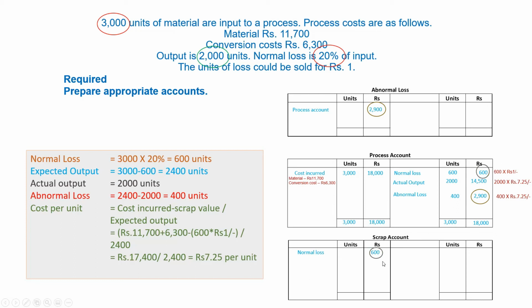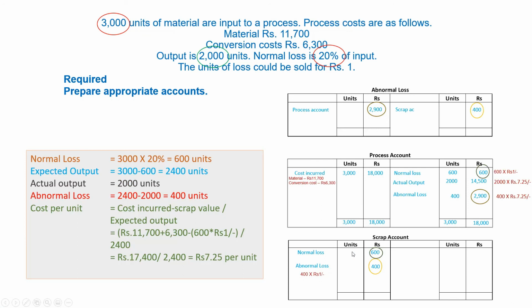Also, this 400 units, of the total loss of 2,900, we can sell at the rate of 1 rupee per unit. So from the abnormal loss account to the scrap account, we'll transfer these 400 units.